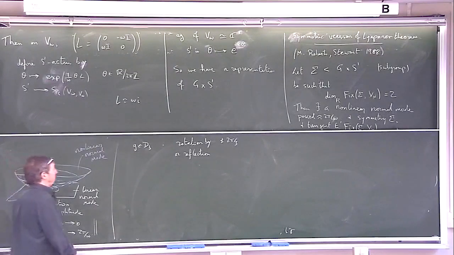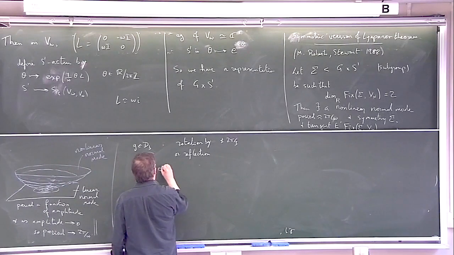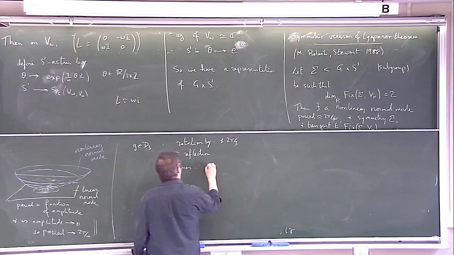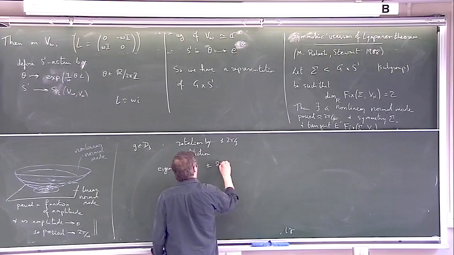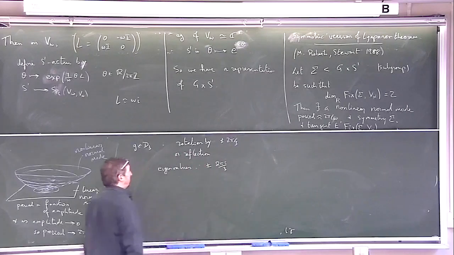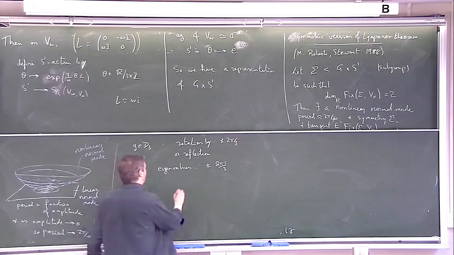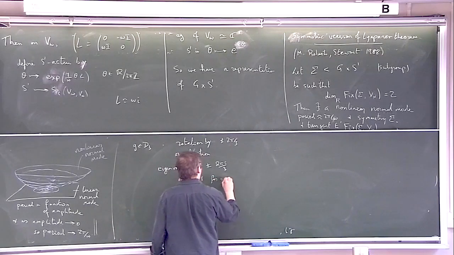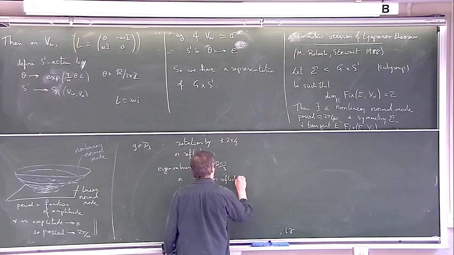So the eigenvalues are e to the plus or minus 2 pi i over 3 for the rotation, or plus or minus 1 for reflection.